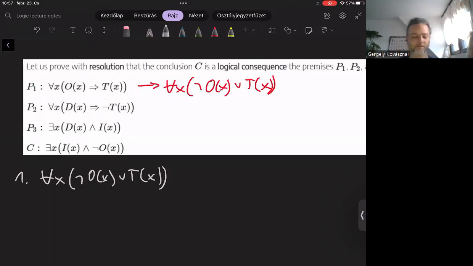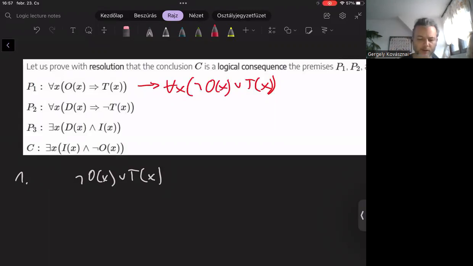And therefore, because only universal quantifiers can appear in CNFs, we can even not display the universal quantifier, because we actually know that this variable x is bound by a universal quantifier. So this somehow simplifies the representation of the clauses.